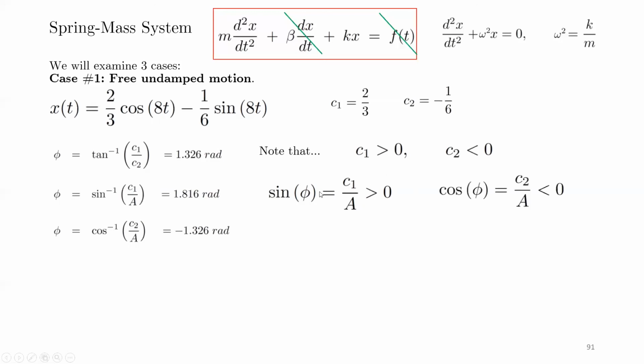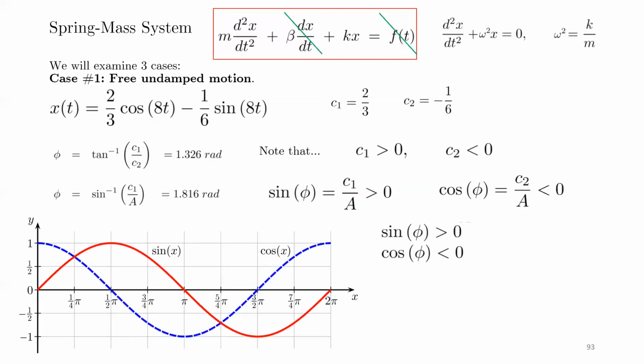Similarly, the cosine of phi is C2 over A. A is positive, C2 is negative, so this ratio is negative. So that means that the cosine of this angle phi must also be negative. So whatever this phase angle phi is, the sine of that angle has to be positive and the cosine of that angle has to be negative.